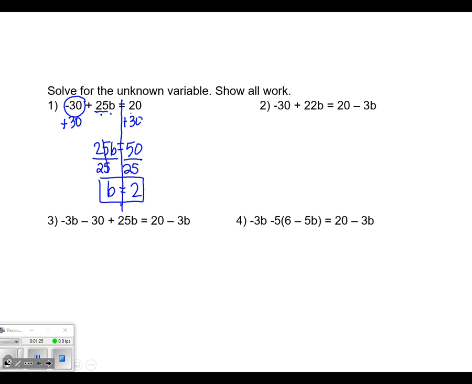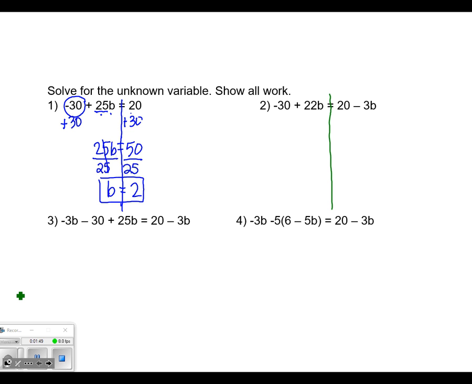Okay, number 2. Negative 30 plus 22b equals 20 minus 3b. This looks very similar, except that I've got variable terms on both sides. I don't have any distributive property or like terms to combine.